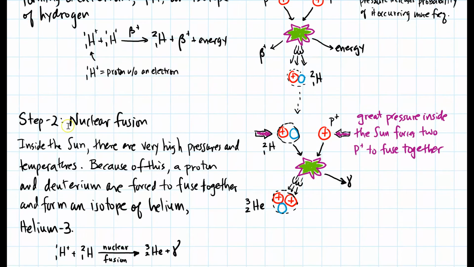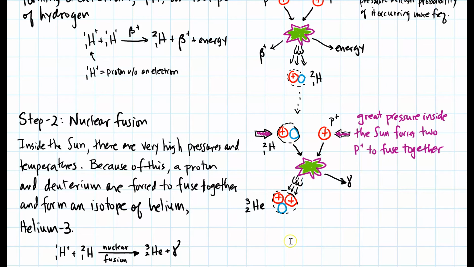Now we get to the second step, nuclear fusion. Inside the sun, there are very high pressures and temperatures. Because of this, a proton and a deuterium atom are forced to fuse together, and they form an isotope of helium, helium-3. So the sun, here in purple, is pushing these two together.